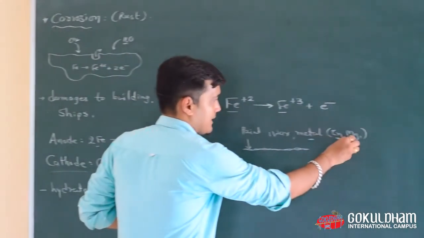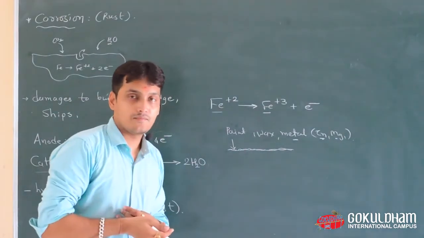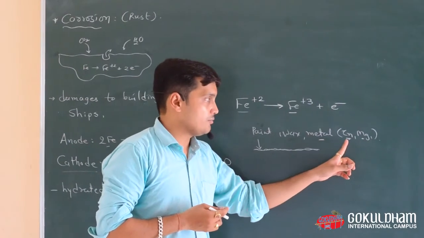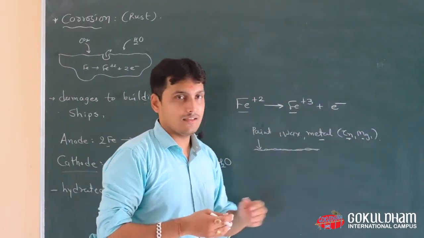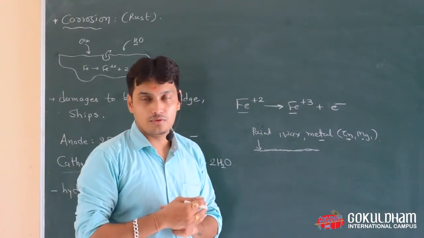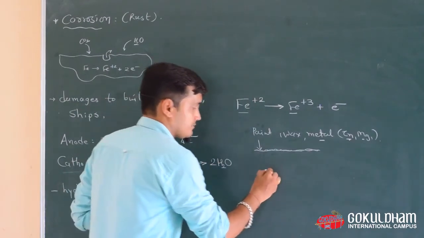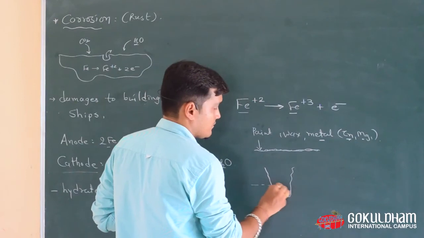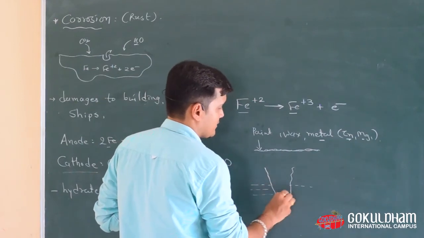Zinc and magnesium, both metals, are sacrificial electrodes. Sacrificial electrode means these metals are in direct contact with the water. Suppose one ship is parked in the sea.